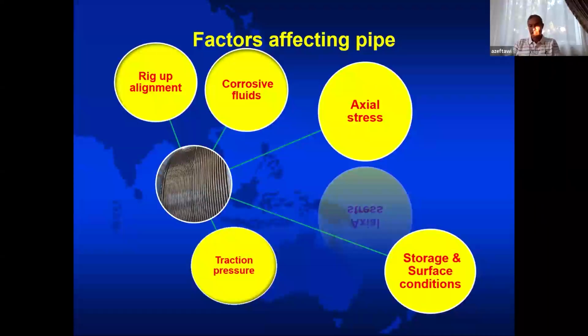Traction pressure. Traction pressure is the pressure you create to allow the injector chain to grip correctly on the pipe, to hold the weight of the pipe. If this pressure you are putting on the chain is not correct, your pipe is affected.